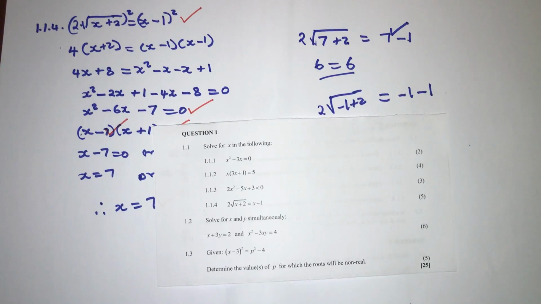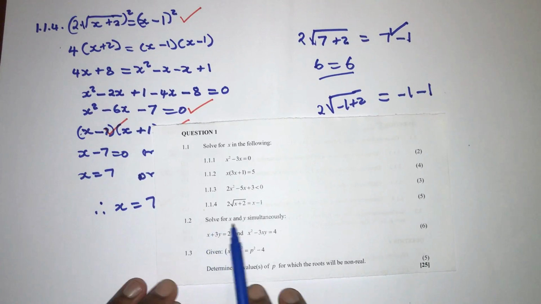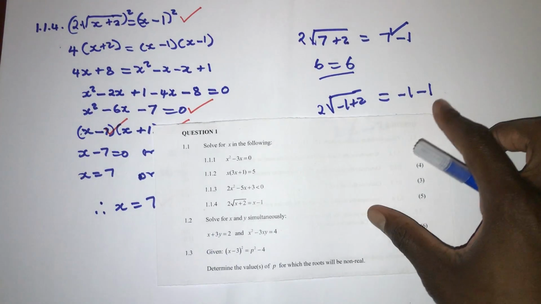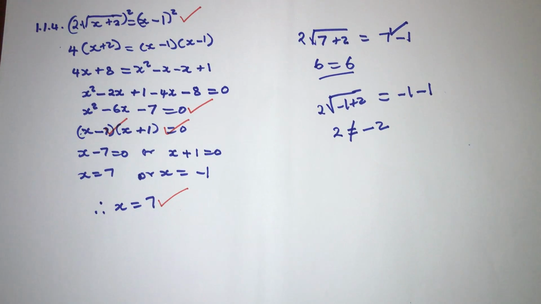Now 1.1.2, it says solve for x and y simultaneously. So this one's going to need a new page. So solving the simultaneous equation, we need 2 equations, the simplest one and the complex one.